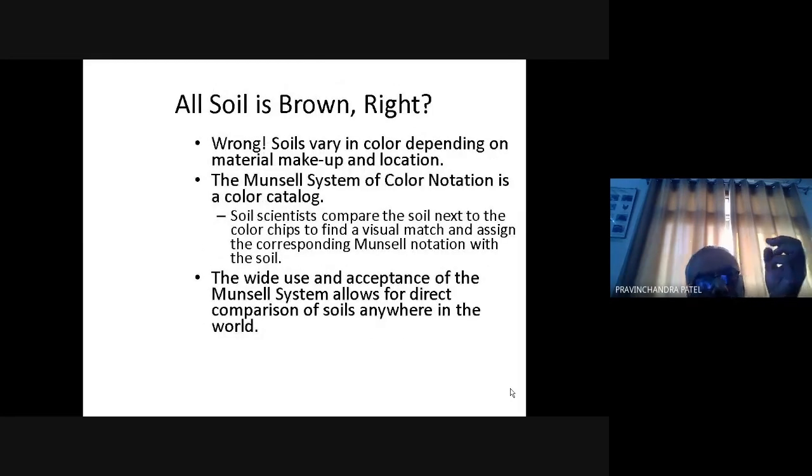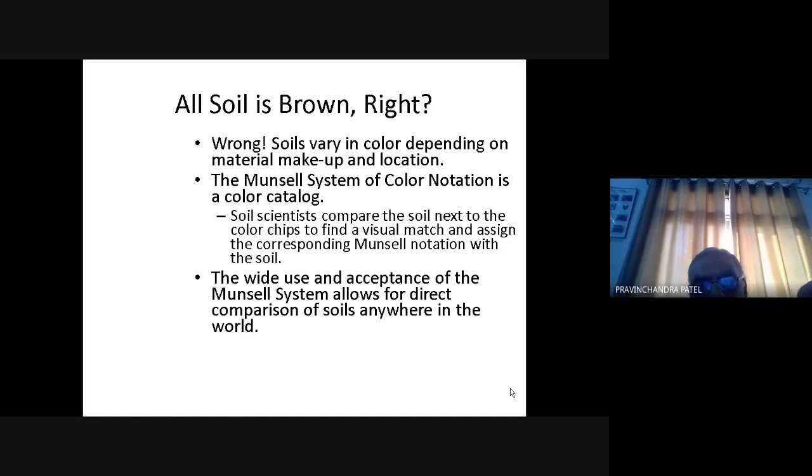All soil is brown, right? Wrong. Ask the question. Soil varies in color depending on the material makeup and location. So the color of the soil is a variation. The Munsell system of color notation is a color catalog.